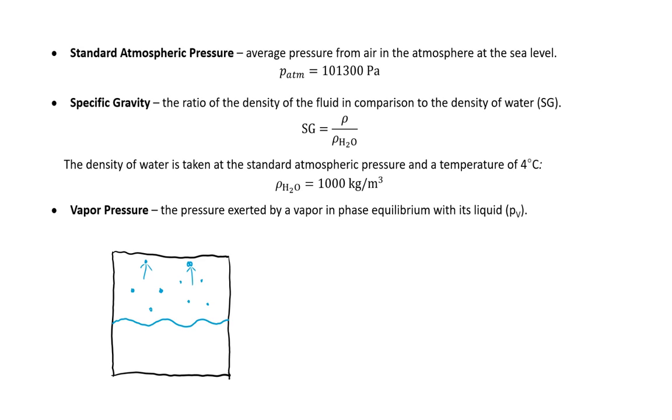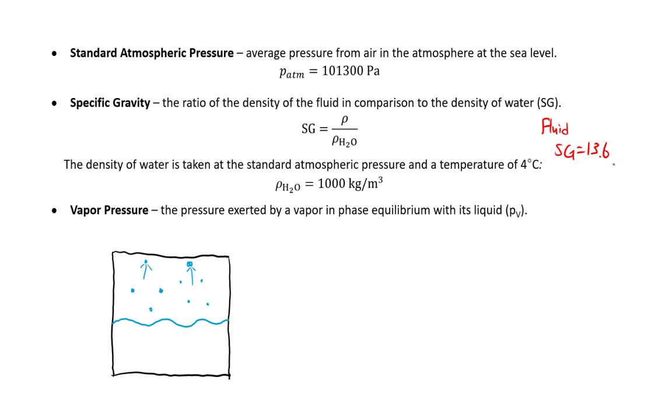Now, since this value is the ratio between densities, there are no units of specific gravity. Specific gravity is a dimensionless parameter with no units. So for an example, let's just say a random fluid here, let's say mercury. Mercury has an approximate specific gravity of around 13.6.